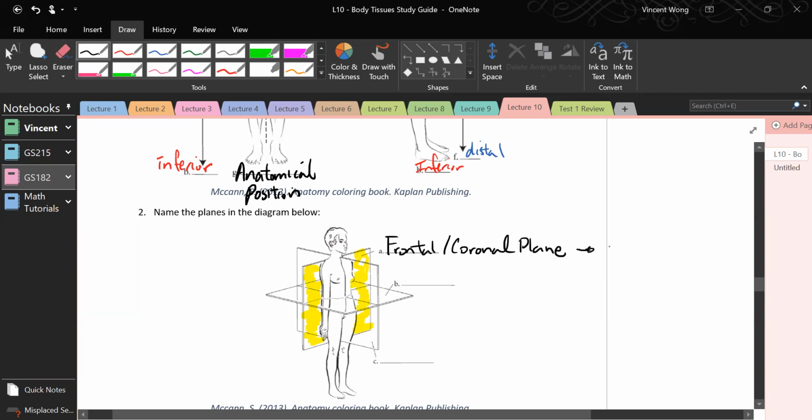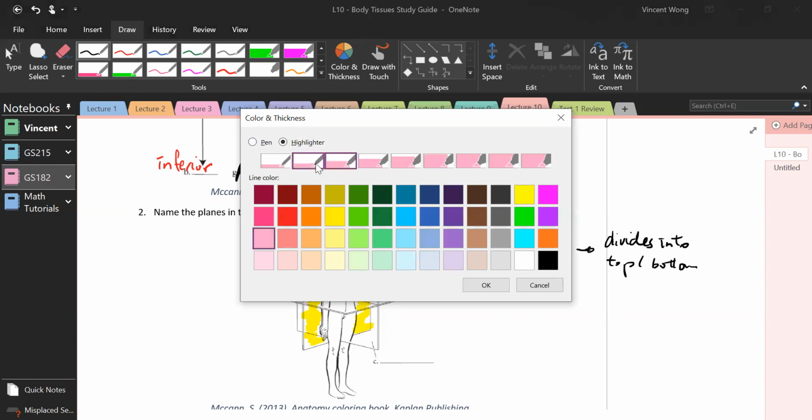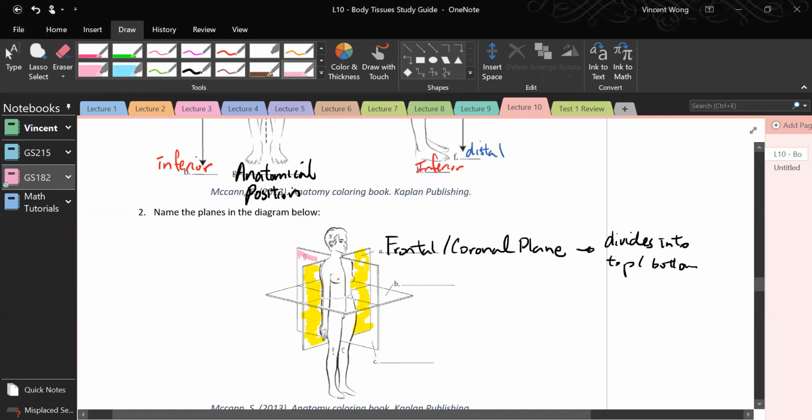Another divides into top and bottom, superior and inferior. We are going to have another one here that will cut left and right.